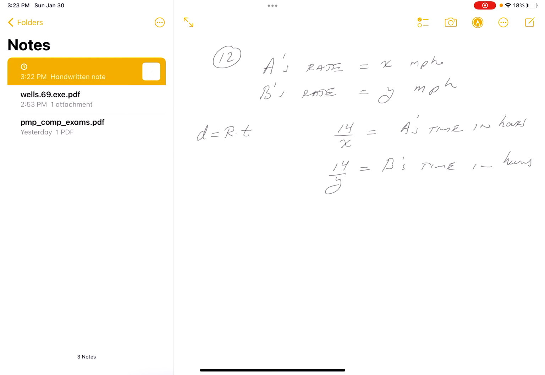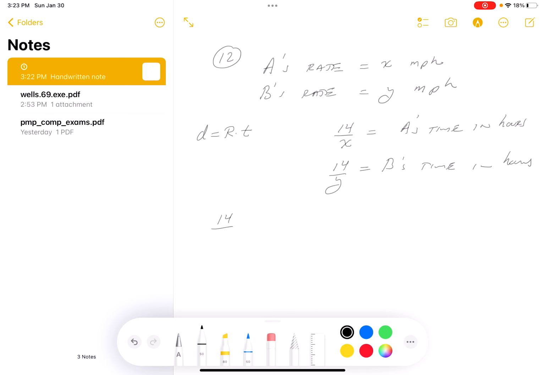Now, 20 minutes longer, I've got to get an equation over here for times. There's a relationship of time now, so 14 over X is somehow related to 14 over Y. I want to point out 20 minutes, and we have to understand that I have hours over here, so this is 1/3 of an hour. I know this is difficult. To make them equal, I either have to give somebody 1/3 of an hour or take 1/3 hour.